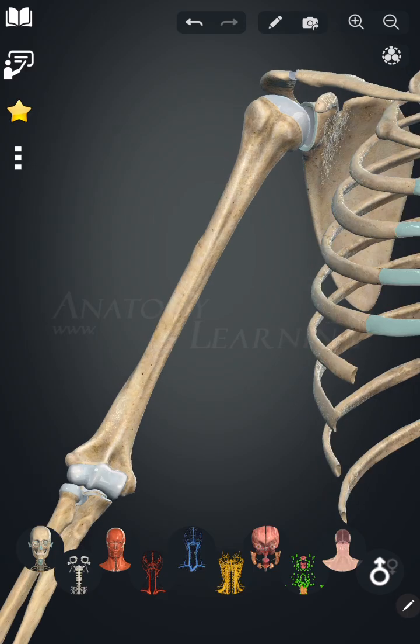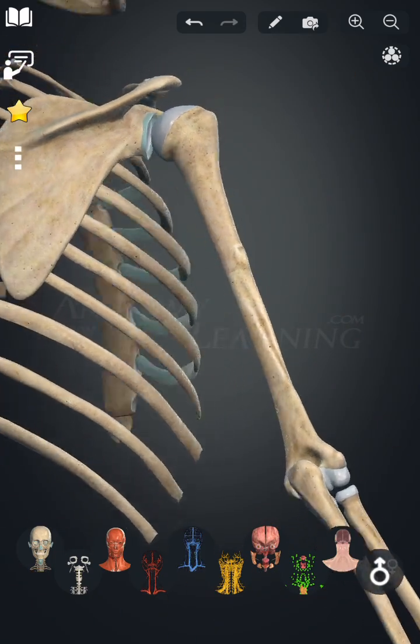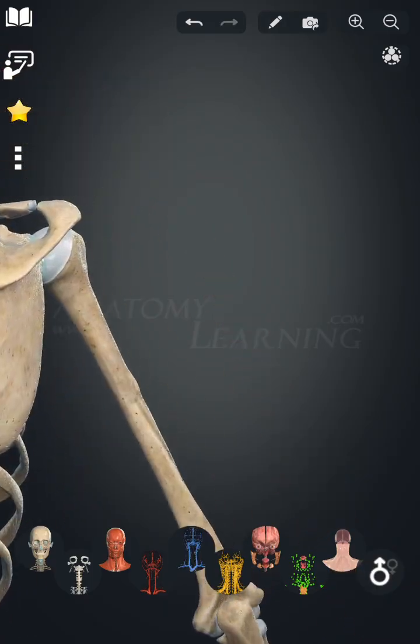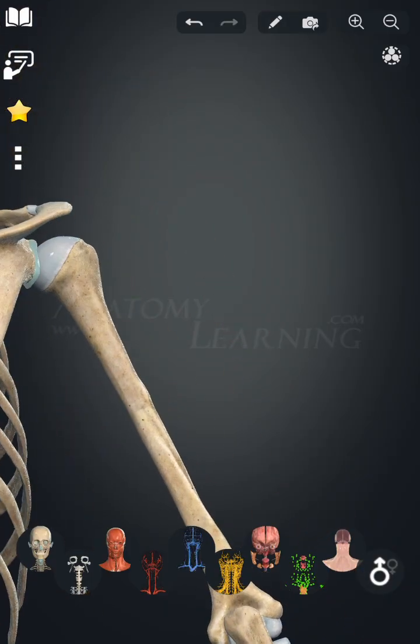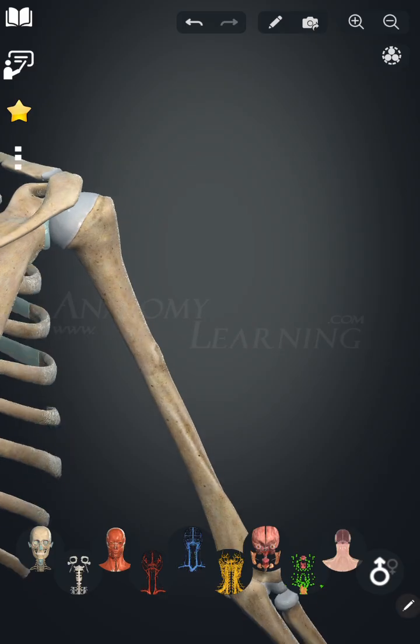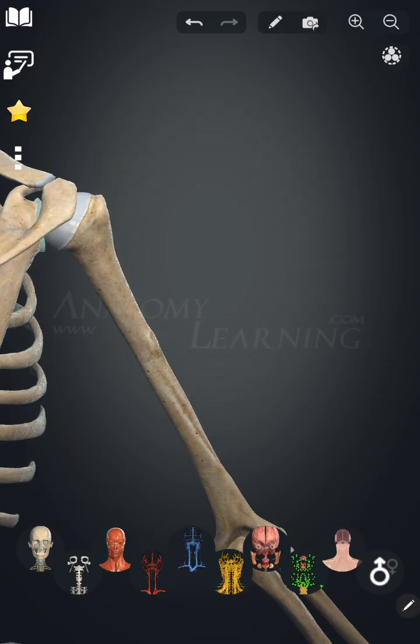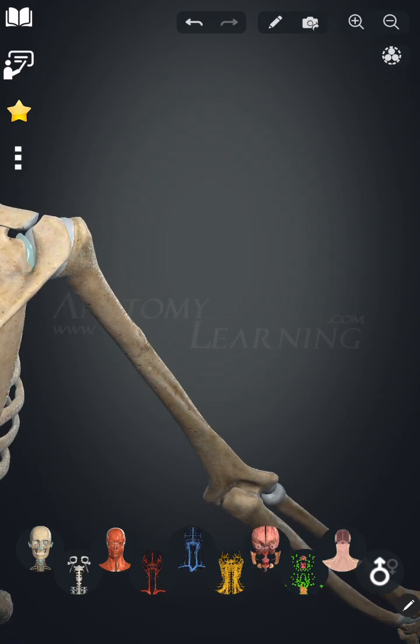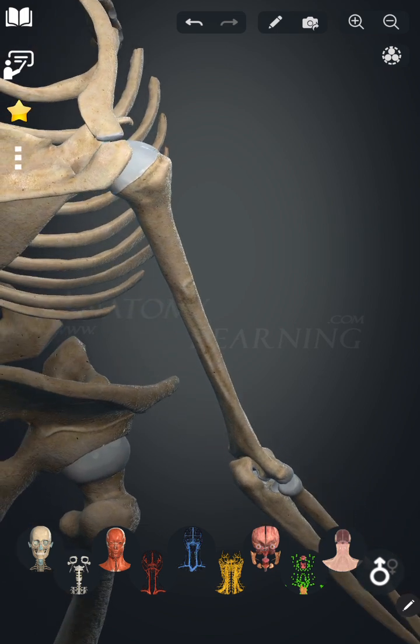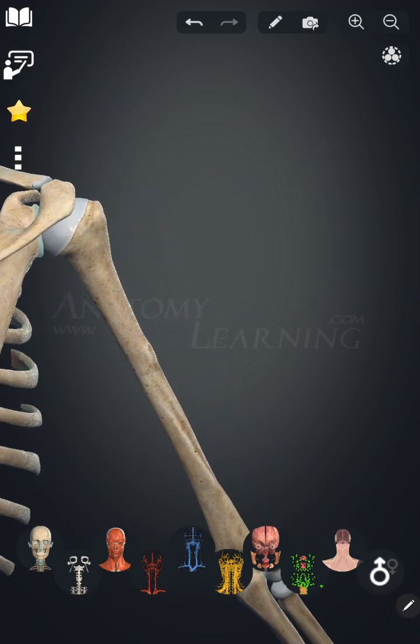If we see on the posterior aspect, we can see a groove. In the groove the radial nerve is passing.